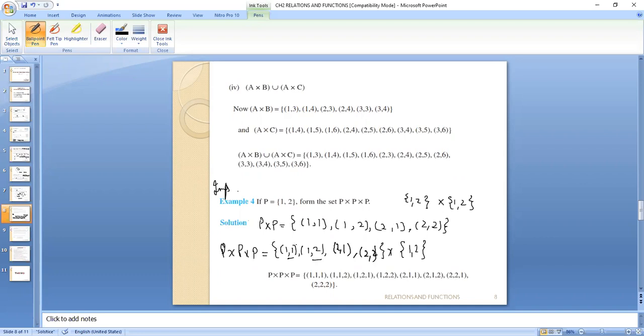So (1,1,1), (1,1,2), (1,2,1), (1,2,2), then (2,1) with 1, (2,1) with 2, (2,2) with 1, (2,2) with 2. This will be the answer.